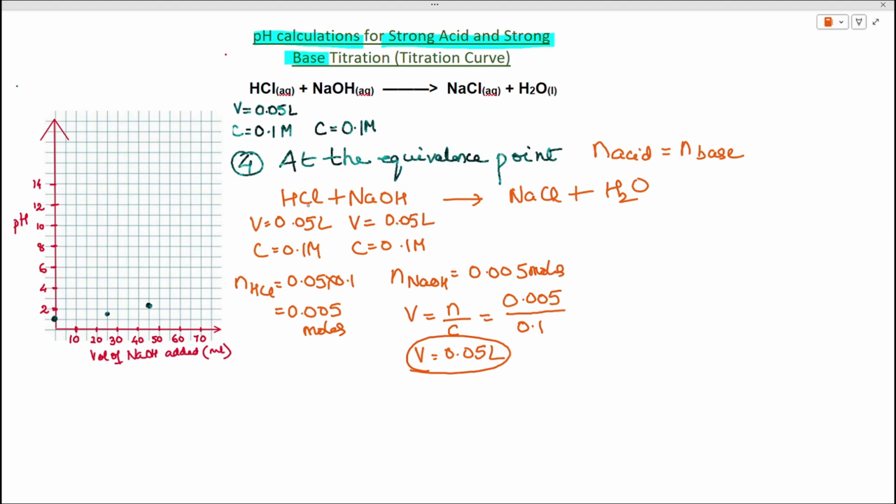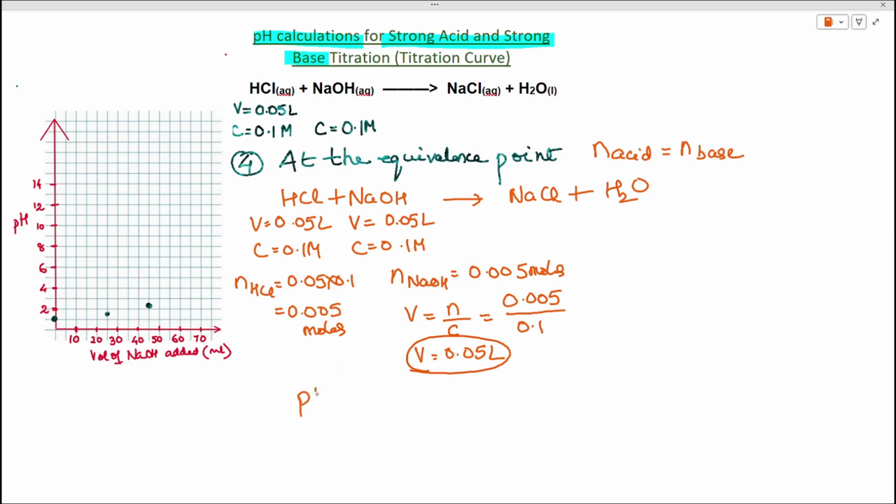And because HCl and NaOH react together to completion, there are no excess moles of any of these acid or base left out to make the solution acidic or basic, and they have neutralized one another completely.